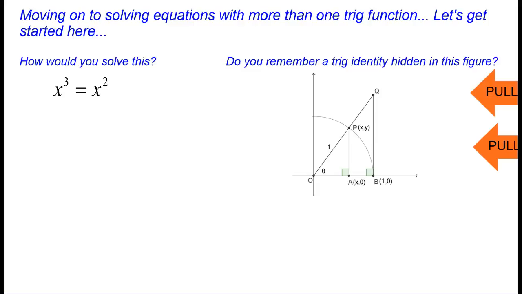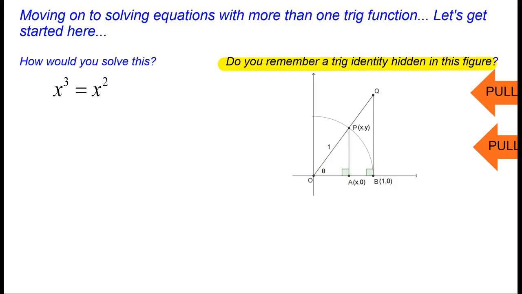First thing, let's talk about this. Do you remember the trig identity hidden in this figure? I hope you do, because we're going to see it again. That trig identity involved the Pythagorean theorem, but not just with cosine squared plus sine squared equals 1. That one's pretty straightforward.